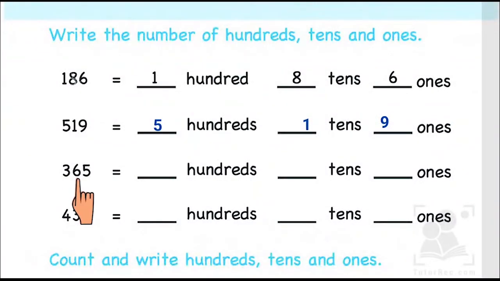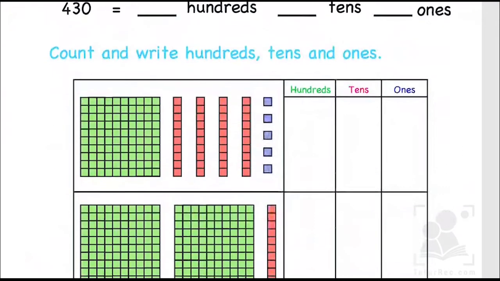Similarly, 365, 3 hundreds, 6 tens and 5 ones. So you will do the last one on your own, kids, so that we can check the understanding.